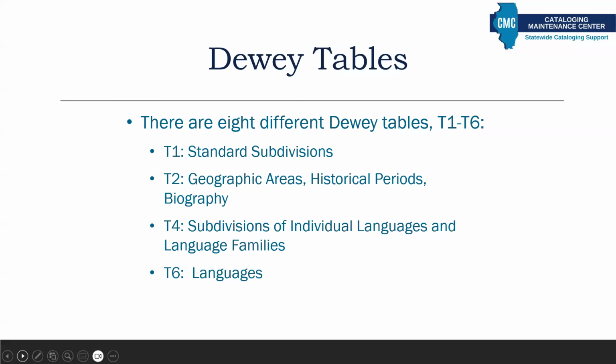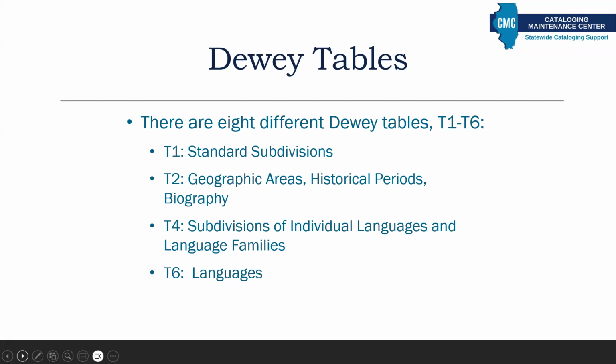Second, we have T2. This table looks at geographic areas, historical periods, and biography. This table does, as you would think, build off the 09 subdivision from Table 1. The notes from this table relay: the following numbers are never used alone, but may be used as required, either directly when so noted or through the interposition of notation 09 from Table 1, with any number from the schedules.